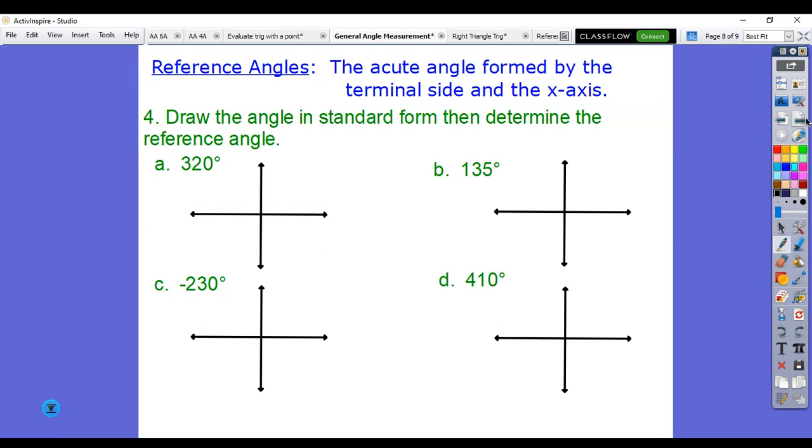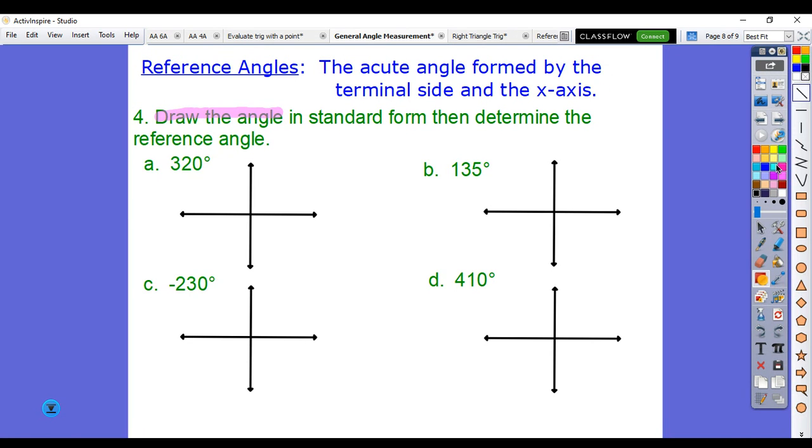All right, the last part of our lesson is finding the reference angle. So we're going to start by drawing the angle, which is exactly what we just were doing earlier. Draw the angle first. 320.